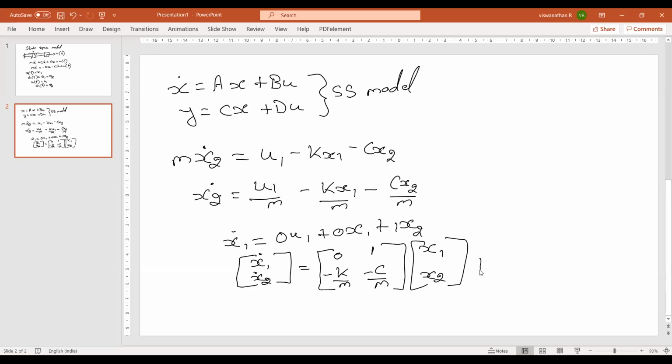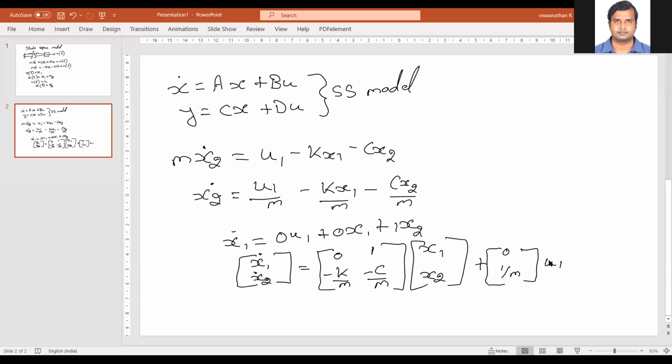Then plus what is left, the u term: 0 and 1 by m multiplied by u1. So this matrix is A, x, plus this is the B matrix and u.